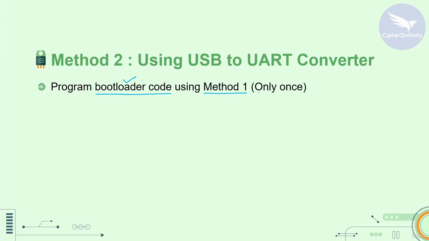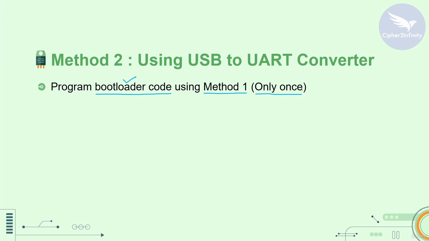And here I'm emphasizing this point: it is written only once. It means whenever you want to program the Atmega328 microcontroller using USB to UART converter, you have to use this USB ASP programmer only once, only to program this bootloader code in the microcontroller.